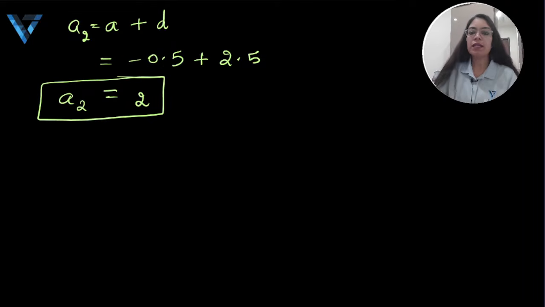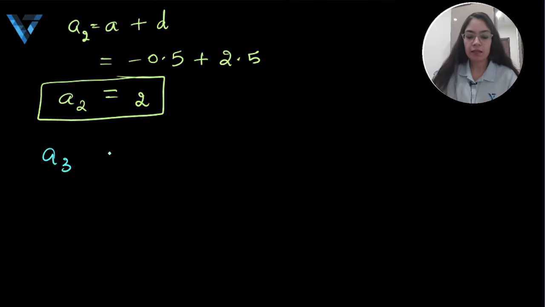So what will be the value of the second term? A plus D: A is minus 0.5 plus 2.5, so the second term equals 2. Now let's find the third term also.